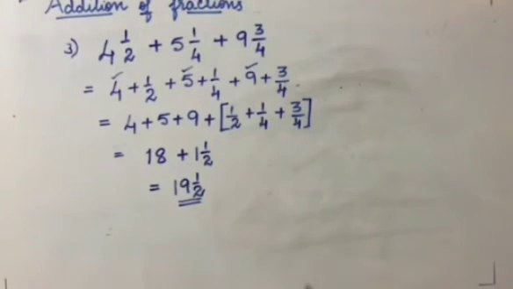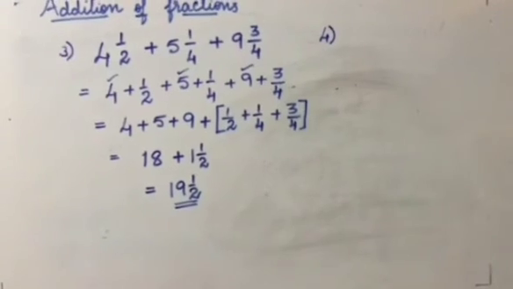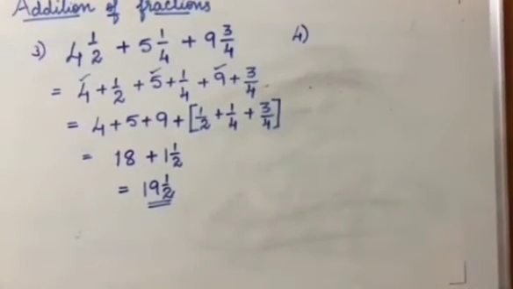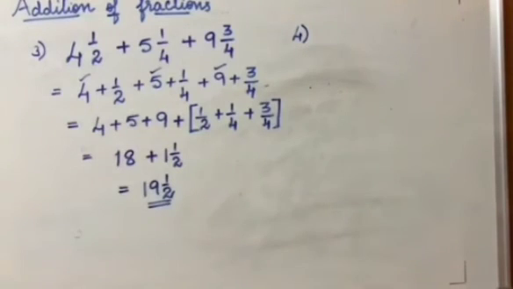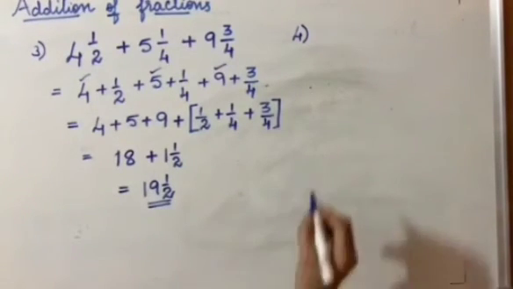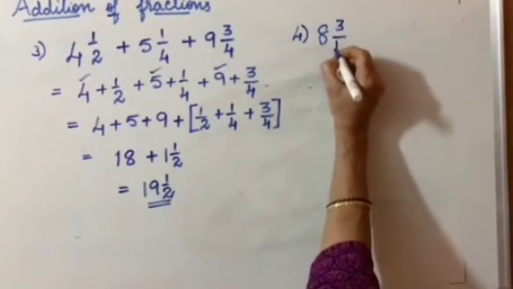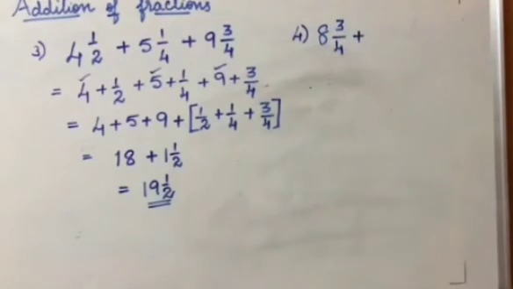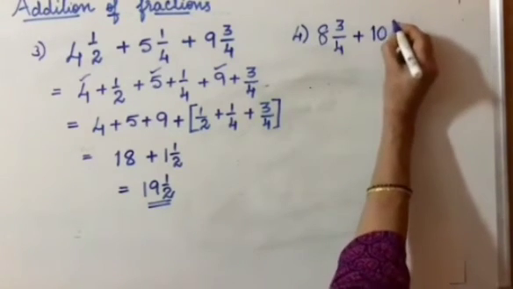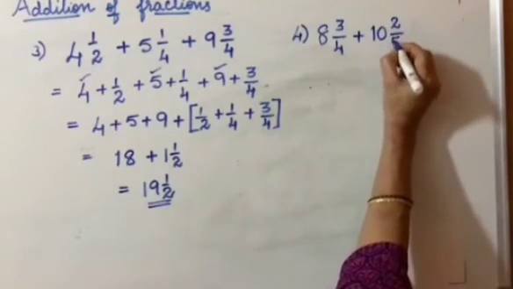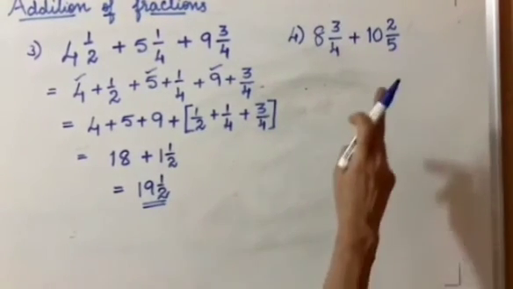One more example. Try this example. It is 8 3/4 plus 10 2 by 5. Okay. Now as soon as you saw 3/4, now you are trying to see if you got one half or quarter.